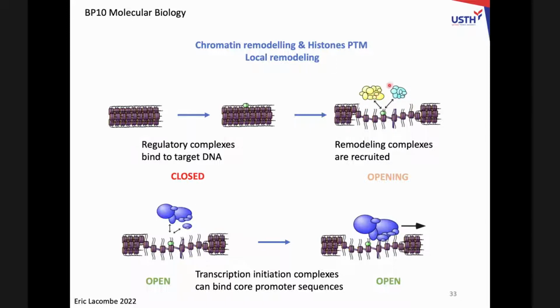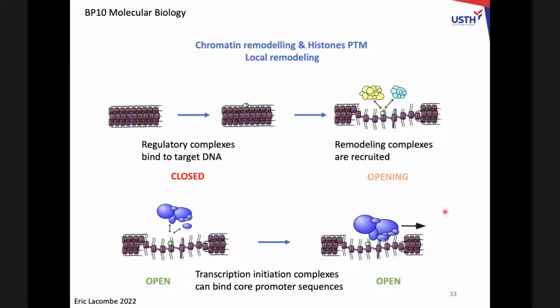Those enzymes are going to change, for example, acetylation of histone H3 or demethylation of histone H3 and so on. The consequence will be open chromatin, but open just at the locus where the transcription factor was able to bind. Now all the machinery of transcription, RNA polymerase II and all the general transcription factors, will be able to directly bind to DNA and then start transcription.